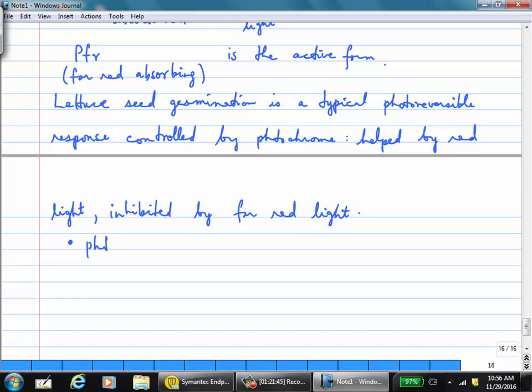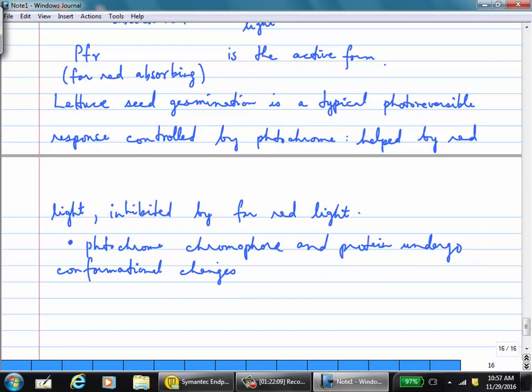Then both the phytochrome chromophore and protein undergo conformational changes in response to red light.